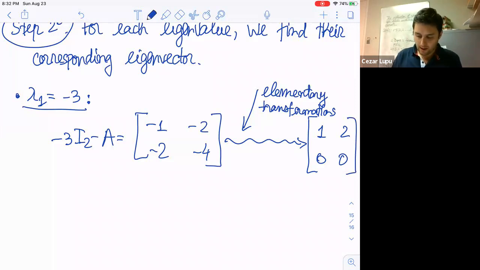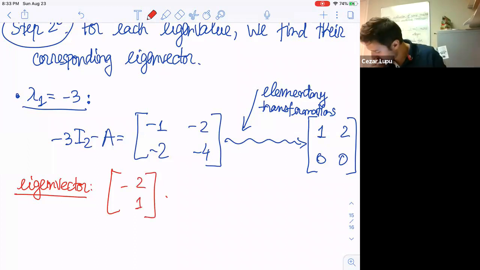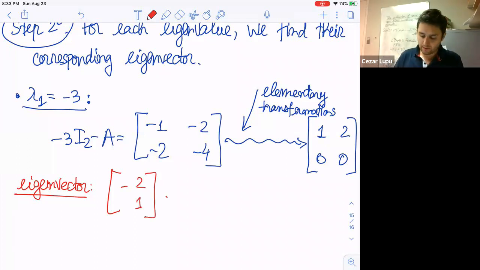Well, clear, the eigenvector will be negative 2, 1. Yes, this will be the eigenvector.